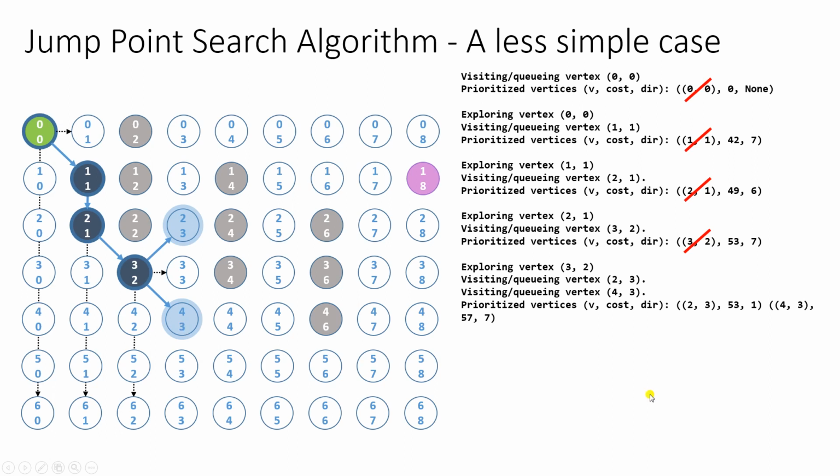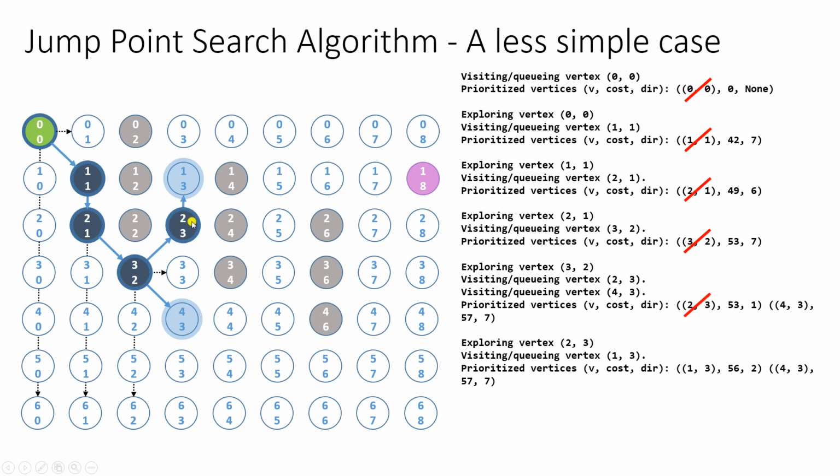We have our two jump points queued, that's 2, 3 and 4, 3. And the next one to be explored is the one with the highest priority, or the cheapest one, and that's 2, 3, because its total cost, remember, heuristic part plus the actual distance from the start vertex, summed together, is 53. Let's go with vertex 2, 3.